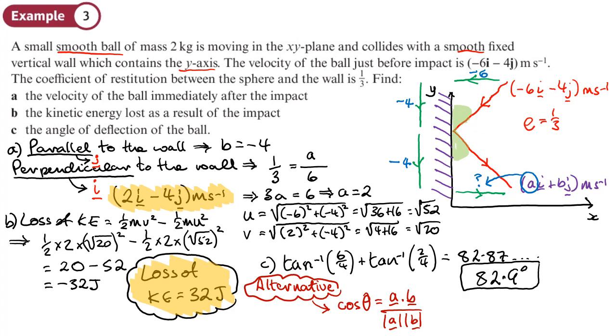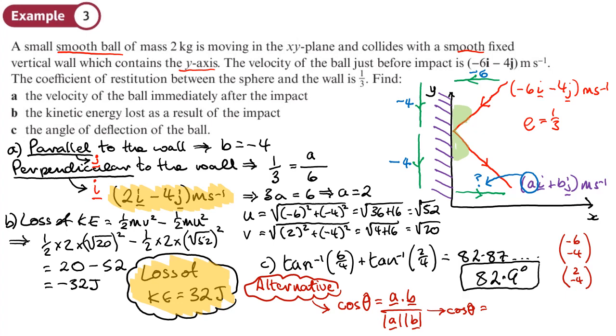That angle between them is actually the angle of deflection. So if I was going to do it this way, I need to find the dot product between the two vectors. So maybe if I wrote the vectors like this, -6, -4, and the other one, 2, -4. I want to find the dot product of those.